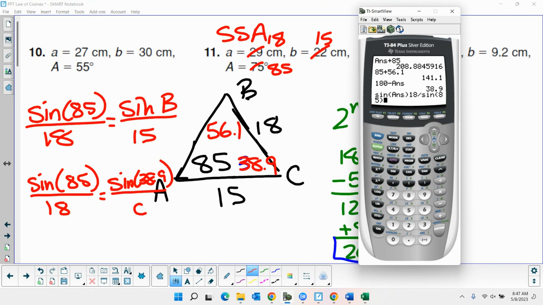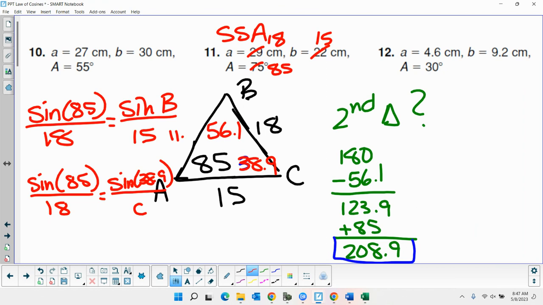Close it up, and this answer will be the length of side C, 11.3. So these three answers just solve that one triangle for number 11. Law of sines.